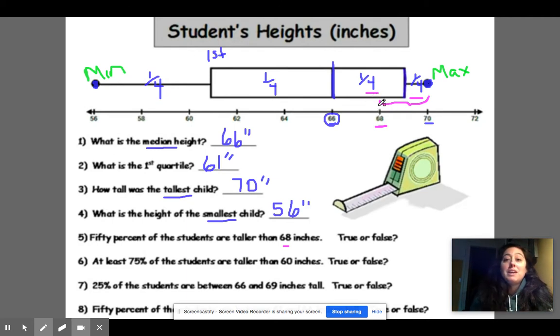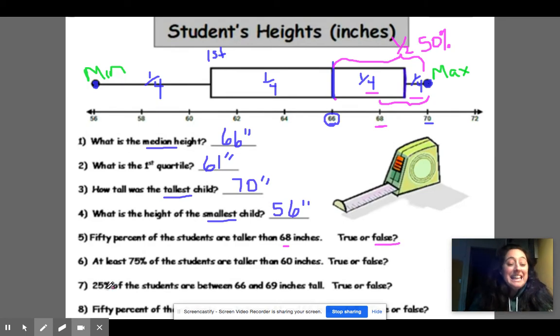Here it looks like we've got a little bit less. I would actually have to go from the middle all the way to the end to have half of the numbers, or 50% of the data. So this would be false.